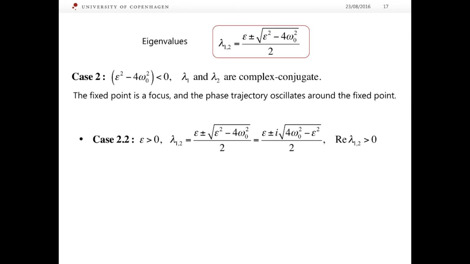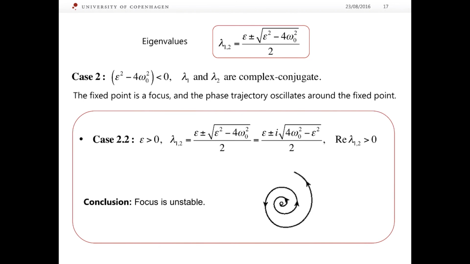Since epsilon is positive, the real part of eigenvalues is positive, and the small deviations fluctuate and grow in time. This means that the phase trajectory is spiraling around the fixed point, and at the same time it is departing away from the fixed point. And our fixed point appears to be an unstable focus.